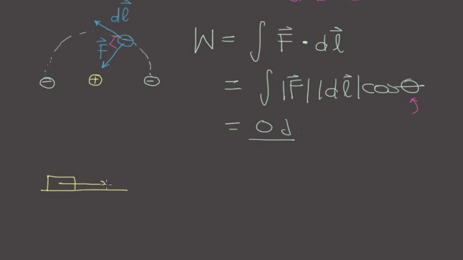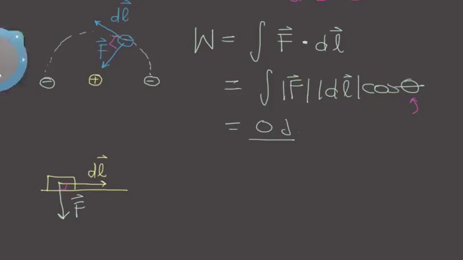And you want to figure out the work that it takes to move the block to the right. So your dl is going to be to the right, simply the path that it's taking. But the force that the block is experiencing is straight down, the force due to gravity. So you'll notice here the angle between dl and F is 90 degrees. And so the work that it takes to move that block across the horizontal surface is 0 joules.